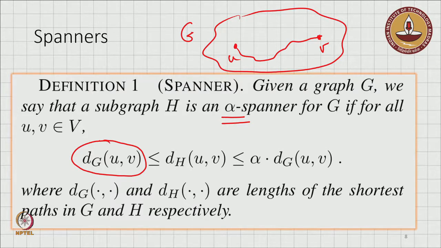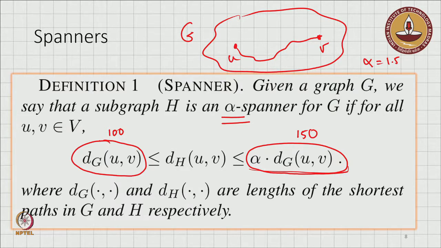So let's give ourselves some examples. Let's say d_G(u, v) is 100, and let's assume alpha equals 1.5 as an example. Now this is 100 and this is going to be 150.